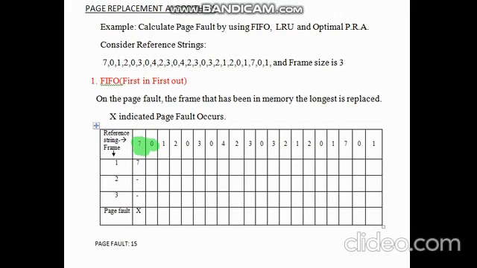So a page fault will occur. Now the CPU demands page number 1, which is not present in the frame either, so a page fault occurs. By the FIFO algorithm, 7 will be swapped out because 7 entered first.